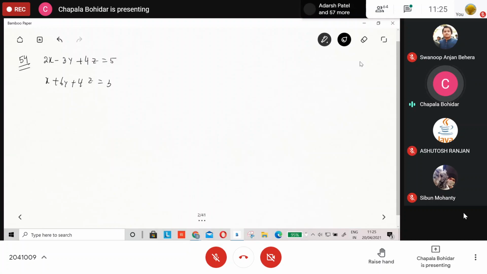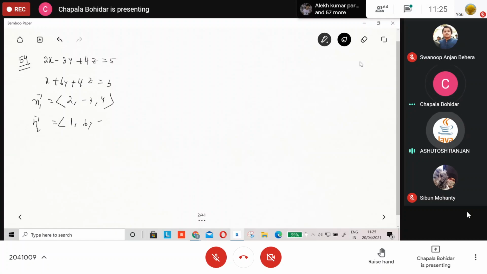What value are you getting for the normal vectors? The dot product of normal vectors, that's why I am asking. N1 is the normal vector, 2, minus 3, 4. N2 is 1, 6, 4.